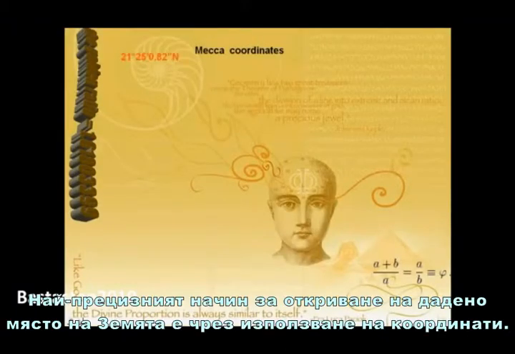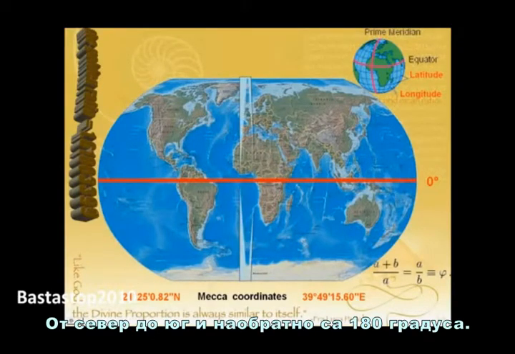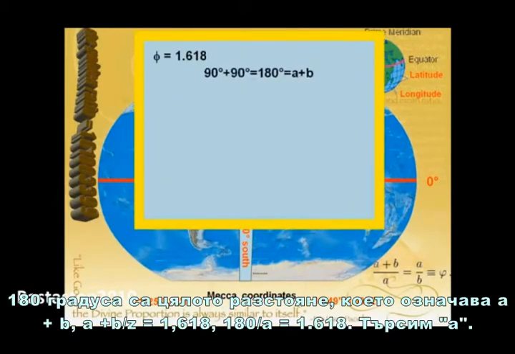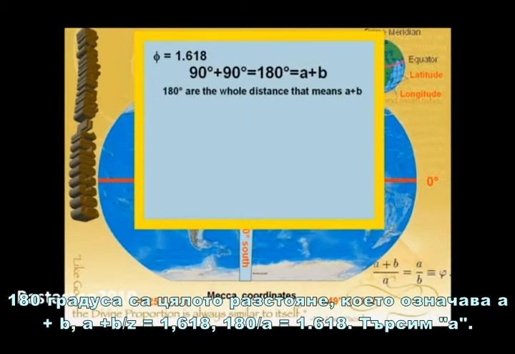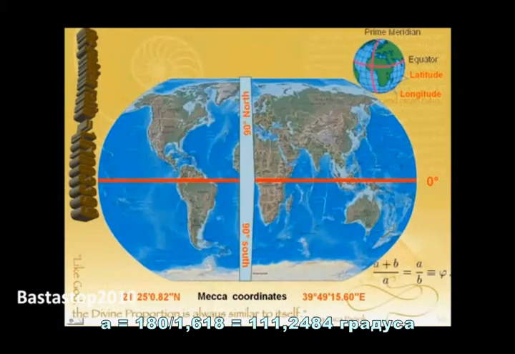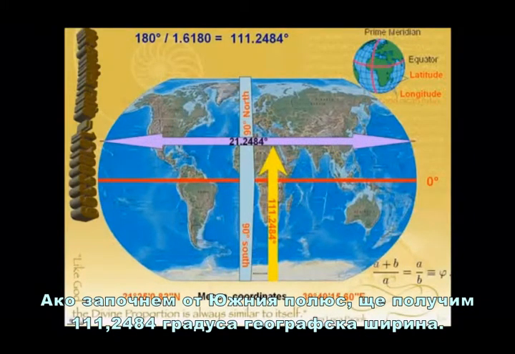The most accurate way to locate a place on Earth is via coordinates. From north to south or vice versa are 180 degrees. This is the length. We will calculate the section, or the length A. If we start from the South Pole, we get the latitude 21.2484.